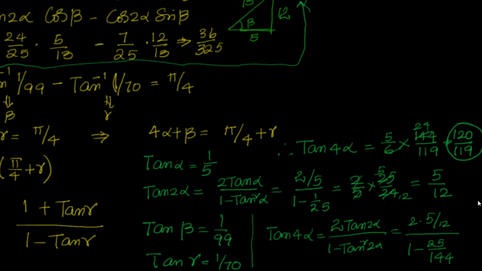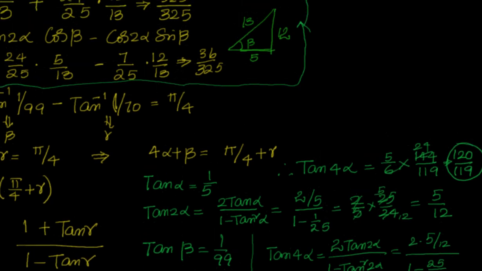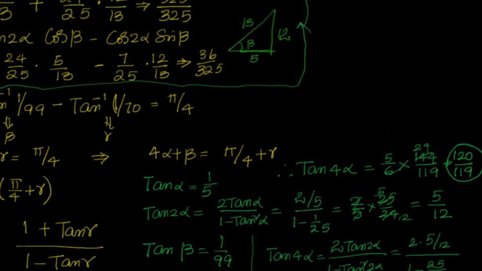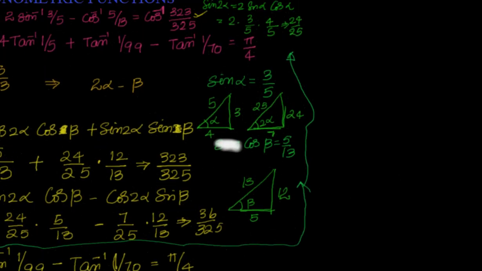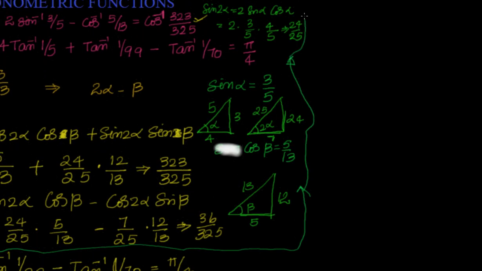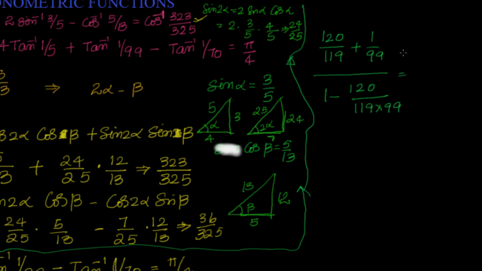Tan of 4 alpha is 120 by 119. Tan of beta is 1 by 99. So tan of 4 alpha is 120 by 119 plus tan beta is 1 by 99, by 1 minus 120 by 119 into 99. A little bit of calculation here.